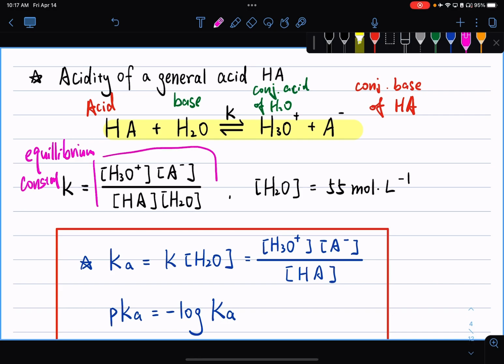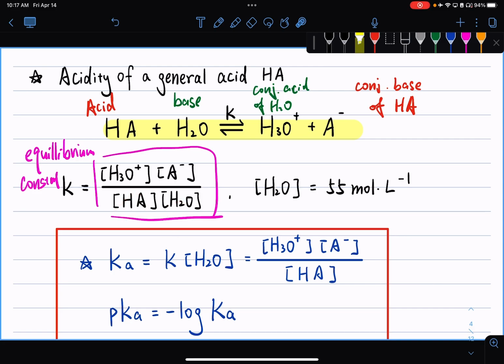I want to pause here a little bit and think about it. On the top of the equilibrium constant, you have the concentration of H+ and the concentration of A-, and on the bottom, you have HA and a constant.